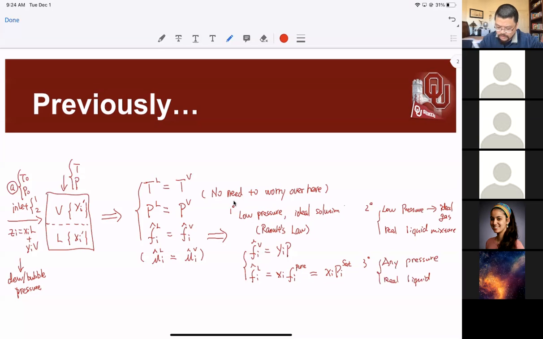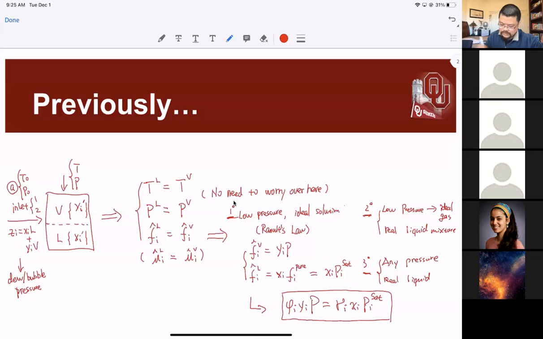So moving from group 1 to group 2 and group 3, eventually we are moving to the equation using the fugacity and activity coefficient. That would be the general equation we are using for all those calculations, right?